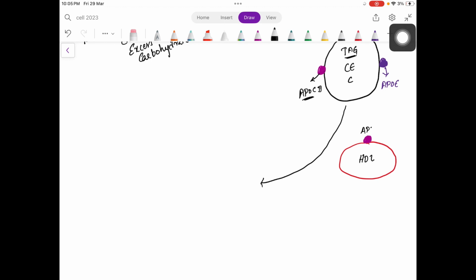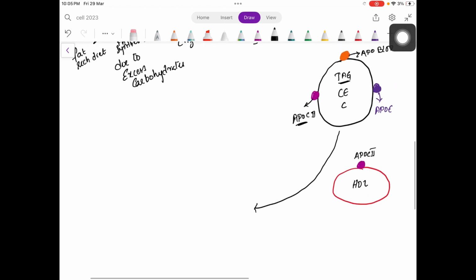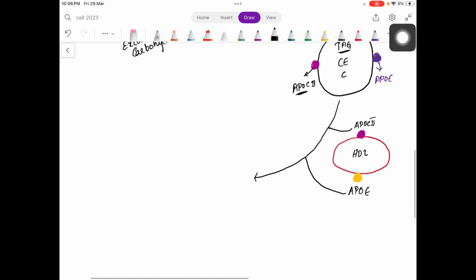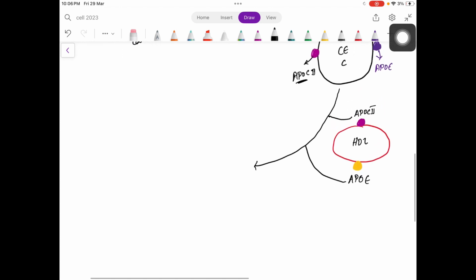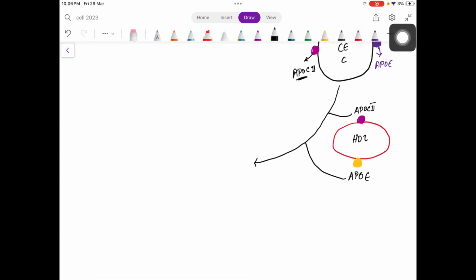This is ApoC2, and one more molecule is ApoE. And these ApoC2 and ApoE will be transported to the nascent VLDL molecule, and this nascent VLDL molecule will become a mature VLDL molecule.